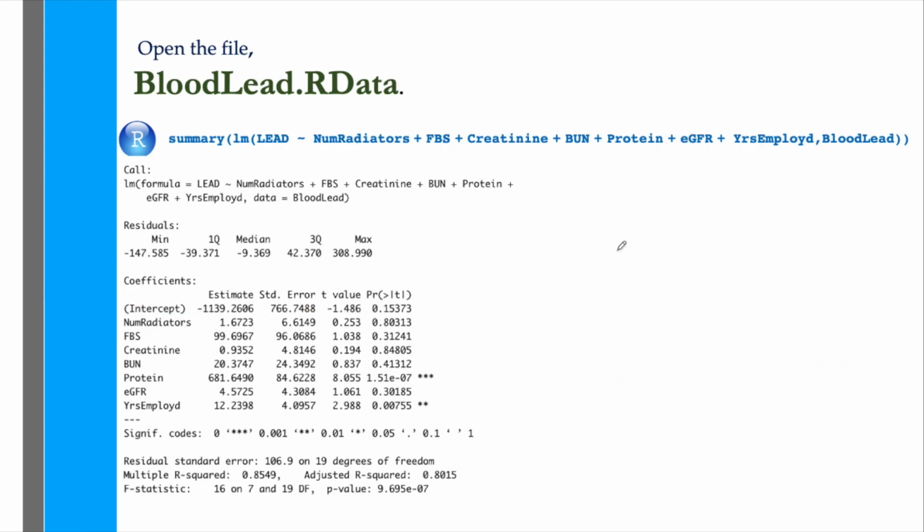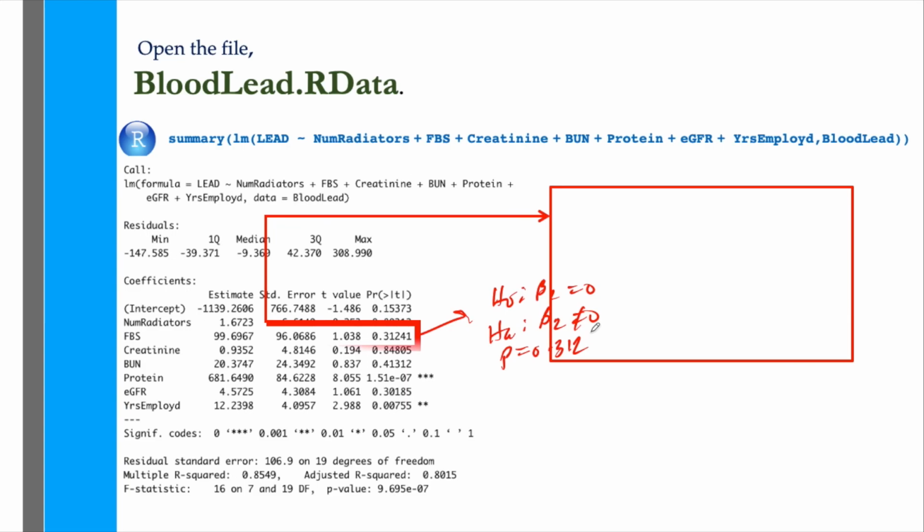On the other hand, let's try FBS. So for FBS, your null hypothesis here is beta sub 2 is 0 and beta sub 2 is not 0 for the alternative. Now, since the p-value is 0.312, again, we're not going to reject the null hypothesis.